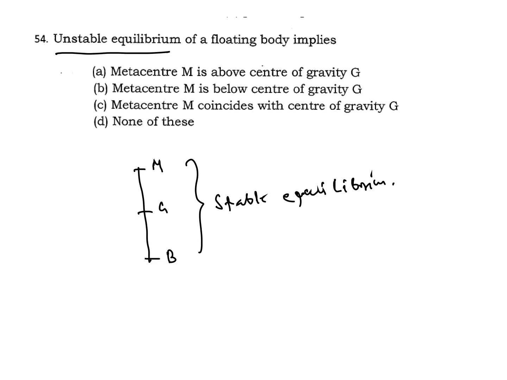Metacenter M is below the center of gravity, this is our answer. And if metacenter M coincides with the center of gravity, then it is neutral equilibrium. This question was asked 3 times in the ISRO exam, so this is very important: stable equilibrium, neutral equilibrium and unstable equilibrium.